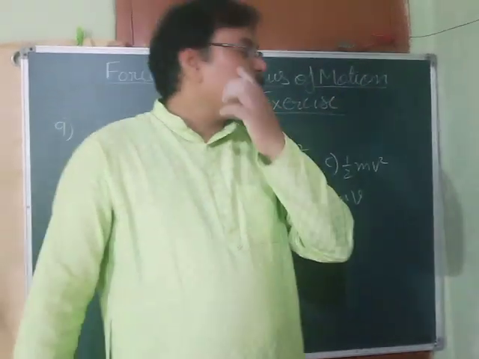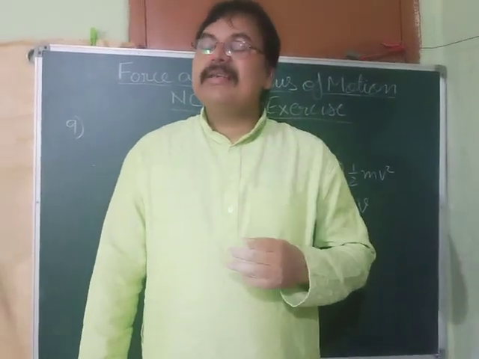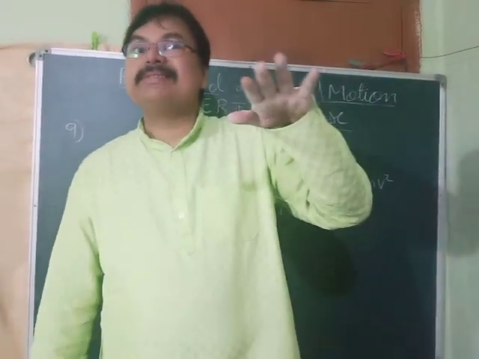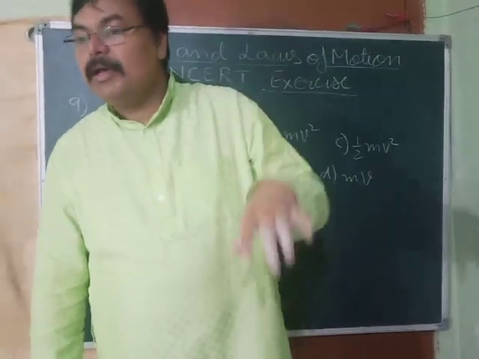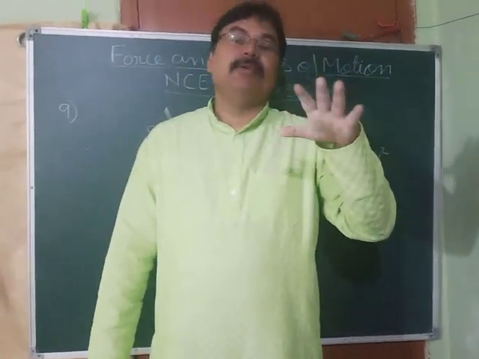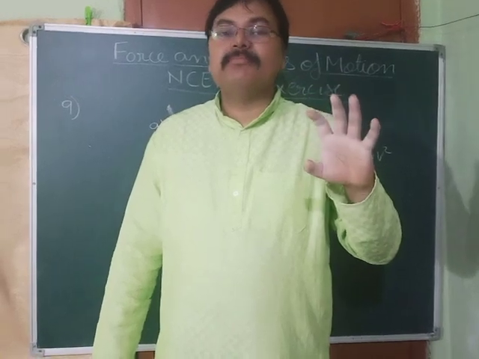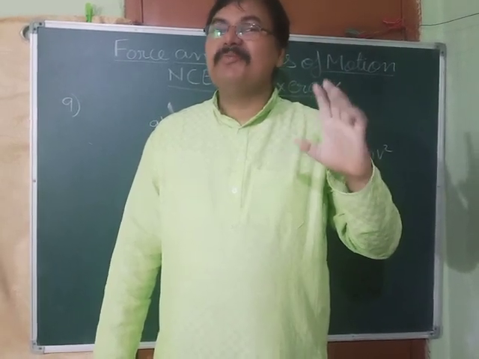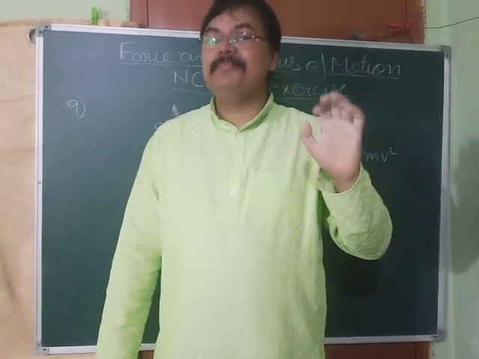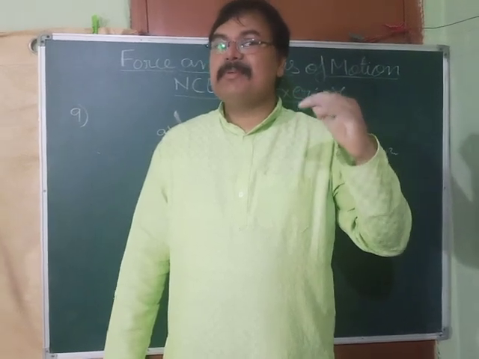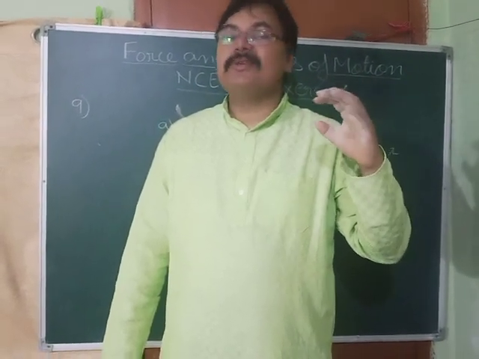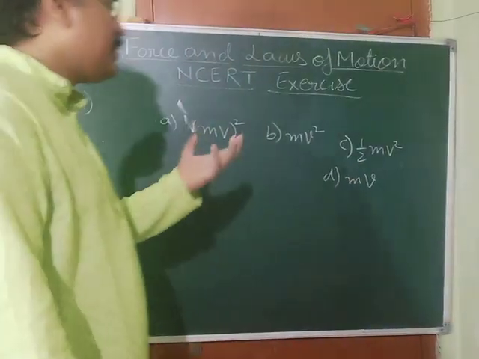Now see what question number 9 is all about. It says that a body has mass m, and it is moving with velocity v. Now what is the momentum? You have studied linear momentum. It is basically an MCQ type question. Four options are given, you have to choose the correct option.